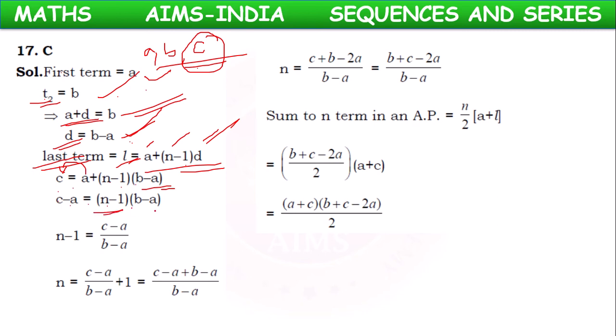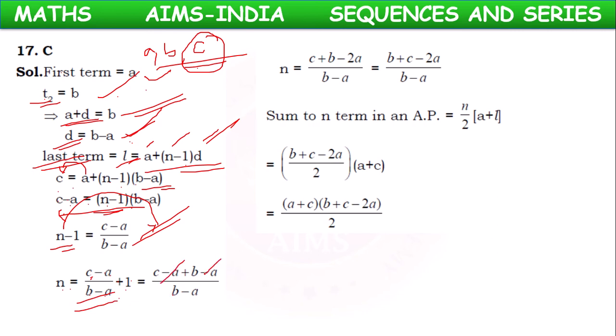Or n minus 1 value, b minus a comes to the left hand side, it will become c minus a by b minus a. So n minus 1 equal to c minus a by b minus a, or if 1 comes towards the right hand side, n equal to c minus a by b minus a plus 1, or if we take LCM, c minus a plus b minus a by b minus a.